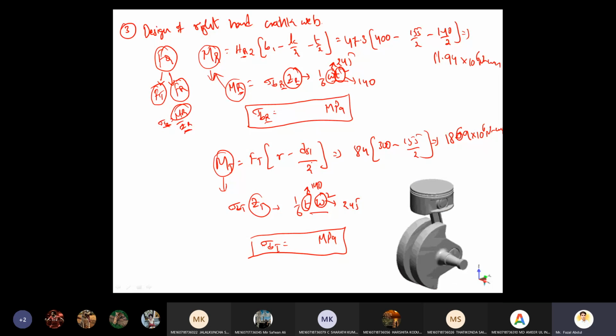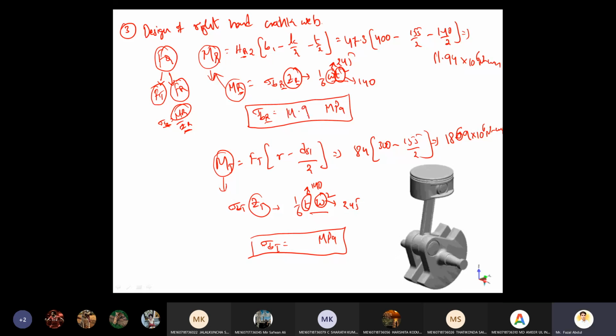Do it fast. So this is 14.9 megapascal and sigma bt is 13.35 megapascal. So both we calculated.